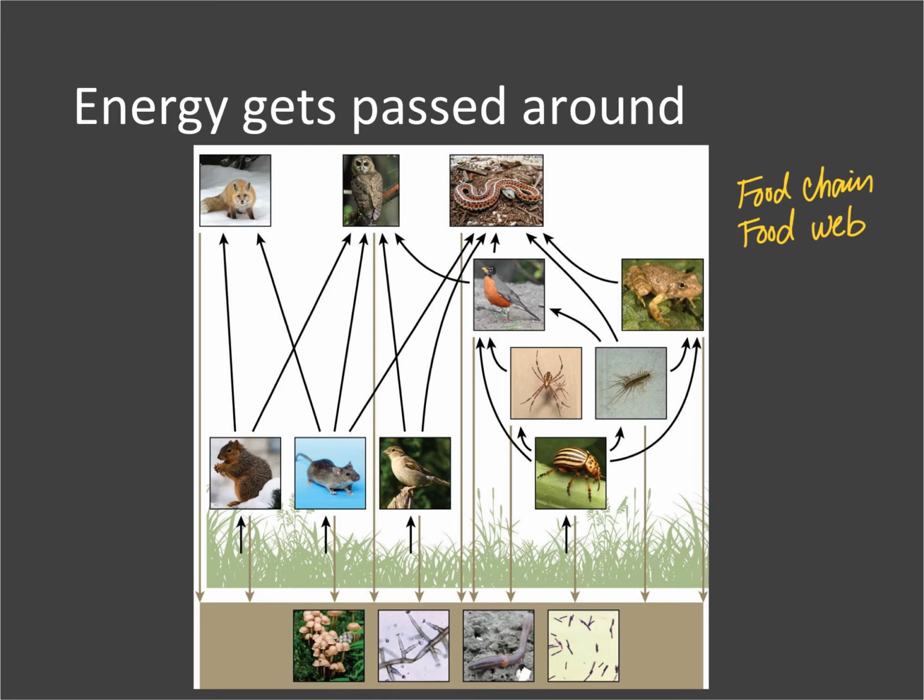So when we eat something, our food gives us carbon and hydrogen and oxygen, but it also gives us energy. These food webs and food chains are just showing this energy getting passed from one organism to another, by juggling these different molecules and breaking bonds and making bonds.